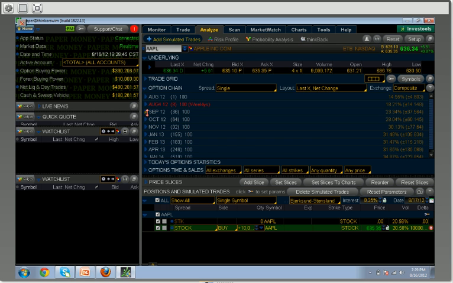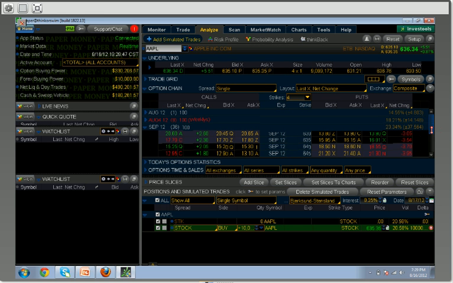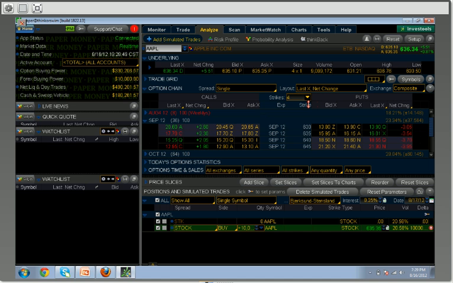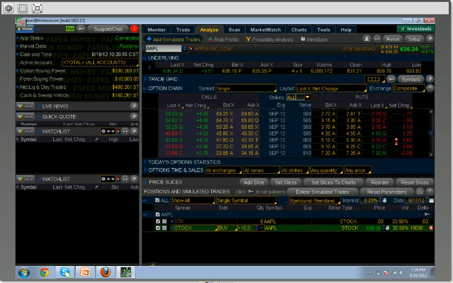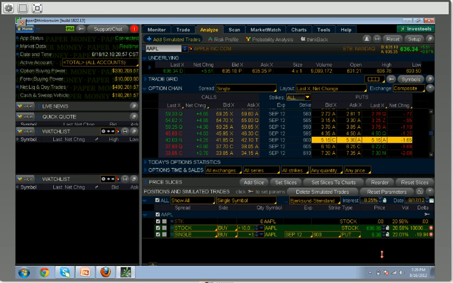So what a guy might do with a collar is buy a September 600 put, or he could buy a 610 put. That's $25 out of the money.